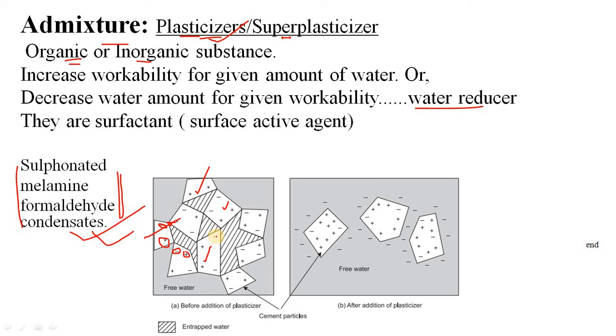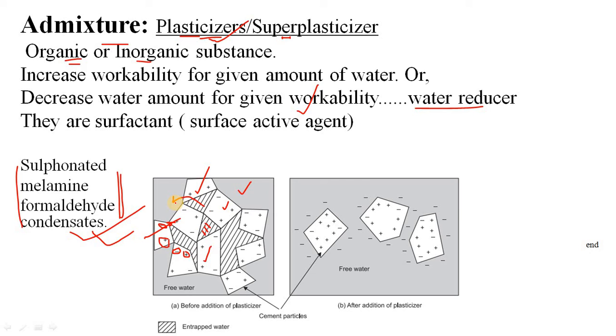A flock is formed, and within this flock a lot of unutilized water is entrapped. So obviously, if this water is available outside, it contributes to the workability. So my target is to release this water instead of adding more water.